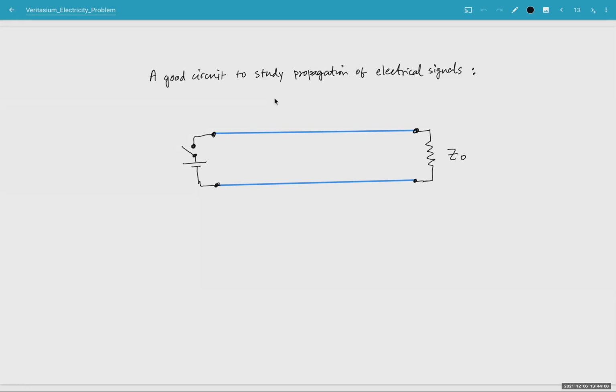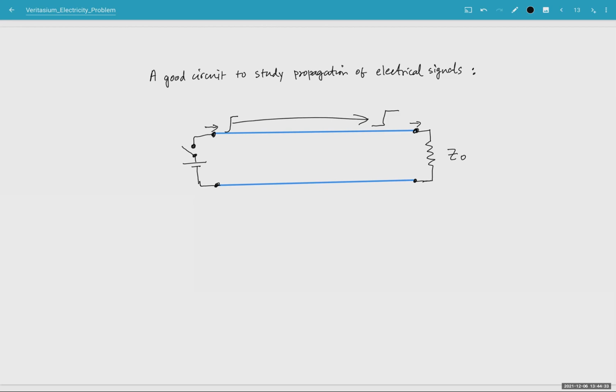So what happens in this case, as soon as you turn the switch on, the electrons, as I said here, would start to flow very slowly. So an electron that enters the wire at this end will probably not reach here at any good time at all. But what does happen, the current and voltage waveform, they do travel very fast.